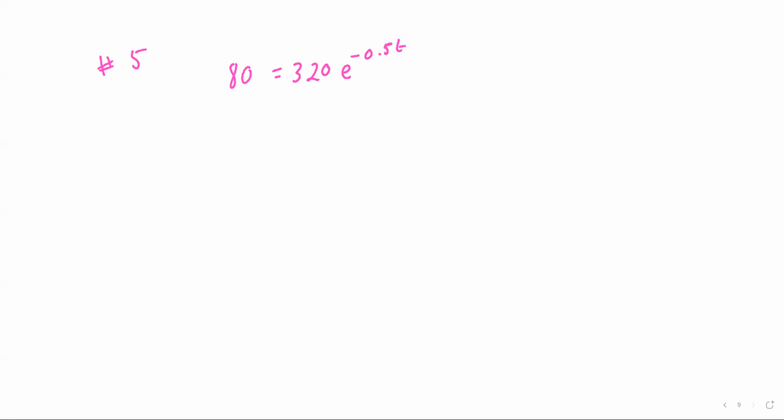What should I do to get rid of that 320? Divide by 320. So now I get 80 over 320. That can be simplified even further. 1 over 4, 1/4.